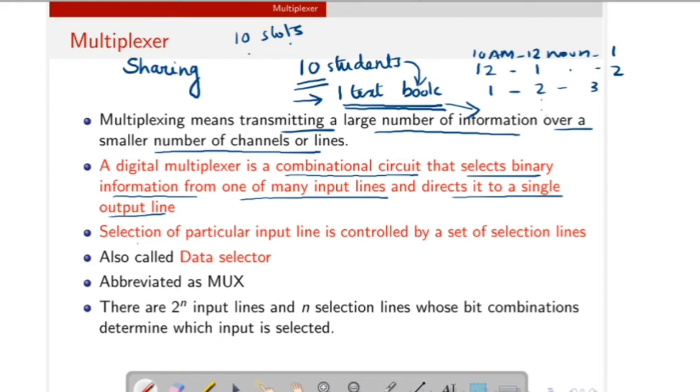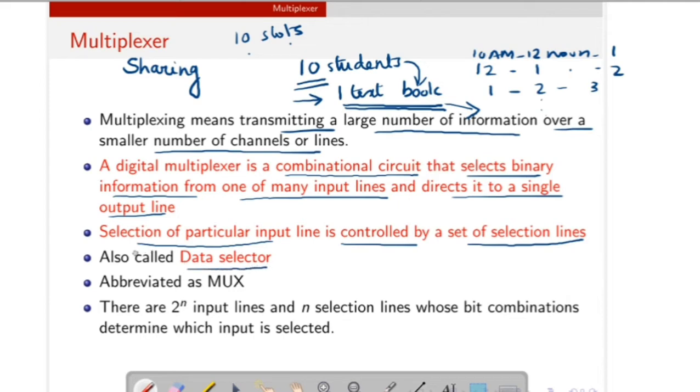That means selection of the particular input line is controlled by the set of selection lines. Clear?